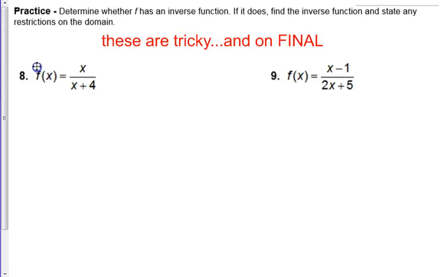So when I switch this out for a y, and then switch the x's and y's, this becomes a nightmare because I'm trying to isolate y and I have it in 2 places. You have to multiply both sides by y plus 4, or if it's easier for you, just think about cross multiplying, okay?